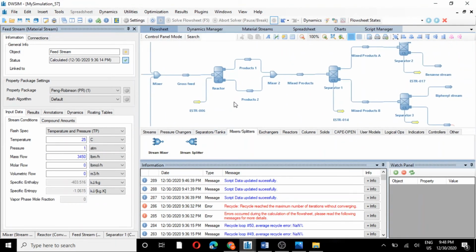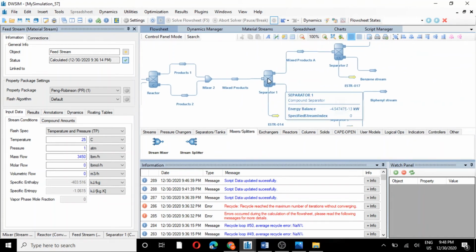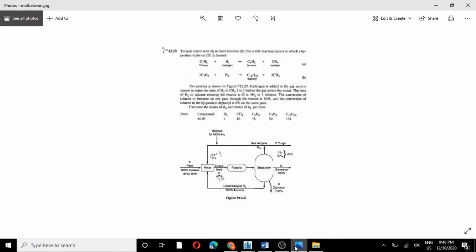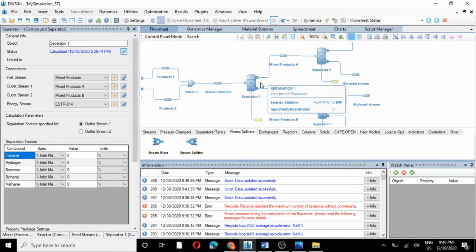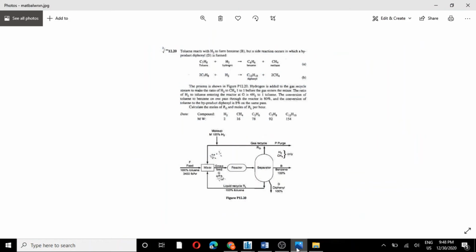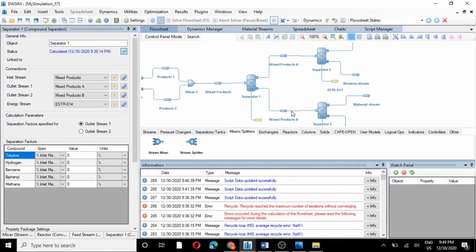Next is the separator. In the problem we have 4 outlet streams, and in our simulation we have 2 outlet streams here. So what we're going to do first is separate the products that will then separate in the next separator: benzene, hydrogen, and methane.